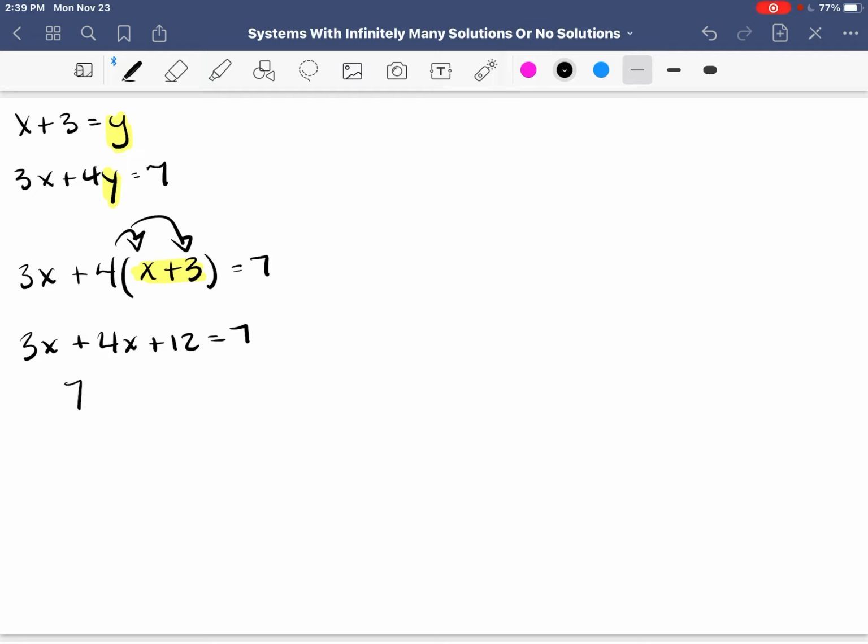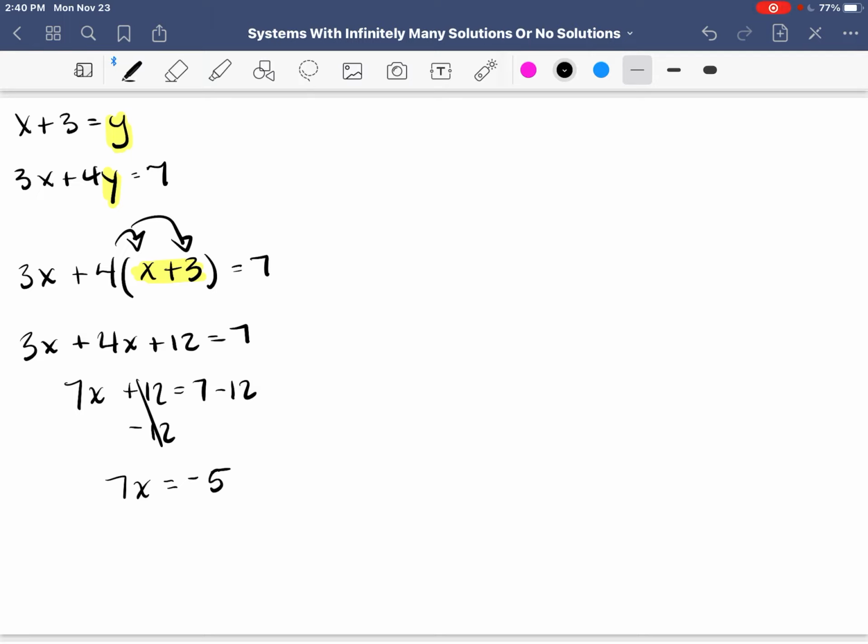Now, that gives me 7x because 3 plus 4 is 7. Your x's are together, so you just bring them together, plus 12 is equal to 7. Subtract 12 from both sides. And so you will have 7x is equal to negative 5.